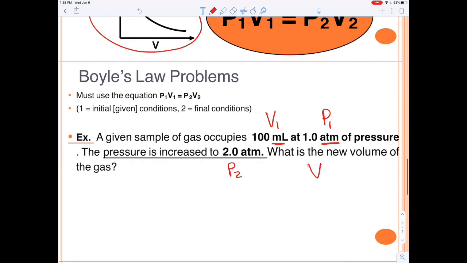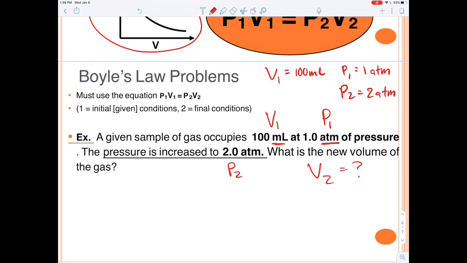What is the new volume? So I don't know V2. Okay, so again, I always like to list out all my variables. So V1 is 100 ml, P1 is 1 atmosphere. I've got my P2, which is 2 atmospheres, but I don't know my second volume.